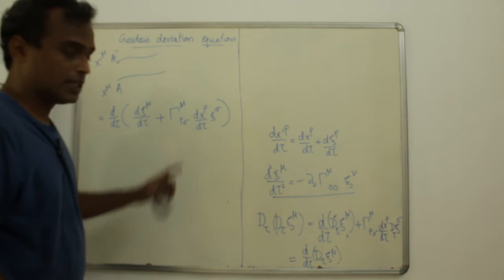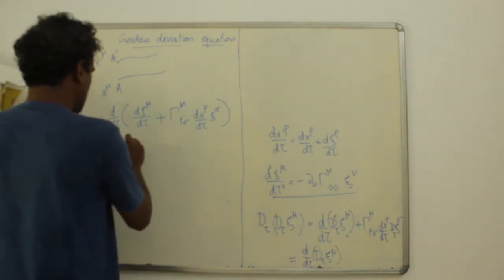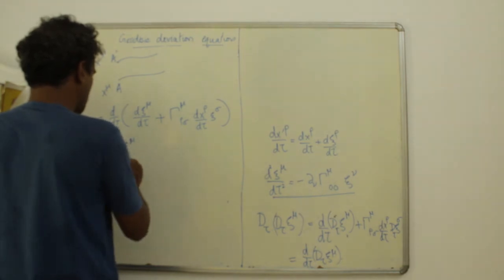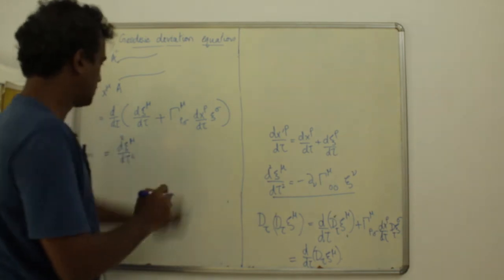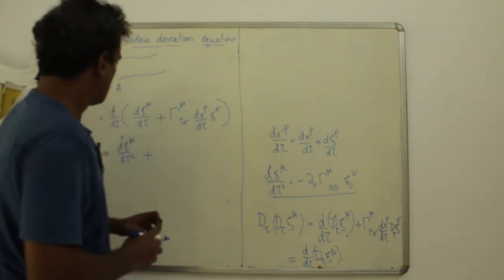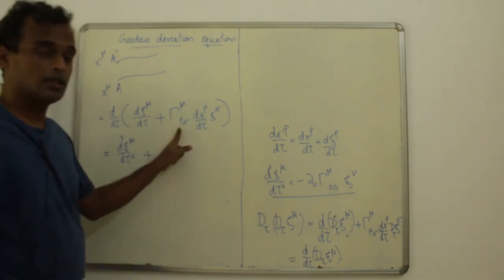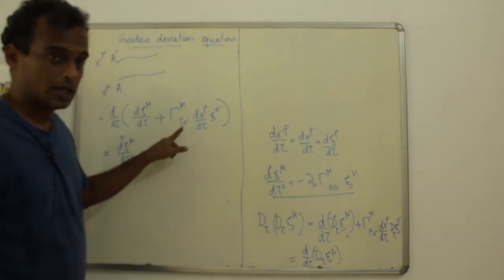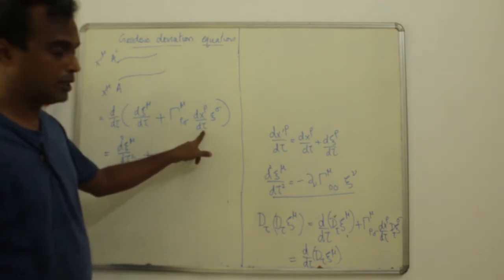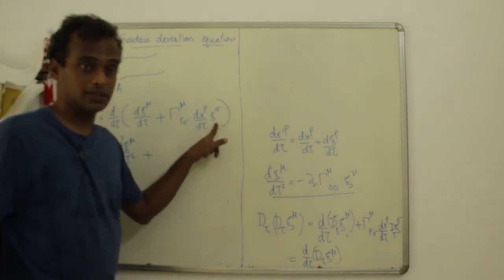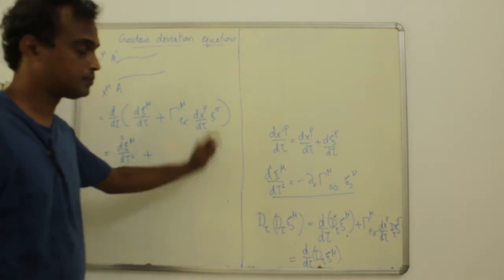Taking the derivative with respect to the proper time, we get d square psi mu by d tau square as the leading term, and the second term involves three terms. First involving a derivative of gamma, the next involving a derivative of psi rho, d psi rho by d tau, and the third that involves a derivative of dx rho with respect to d tau.